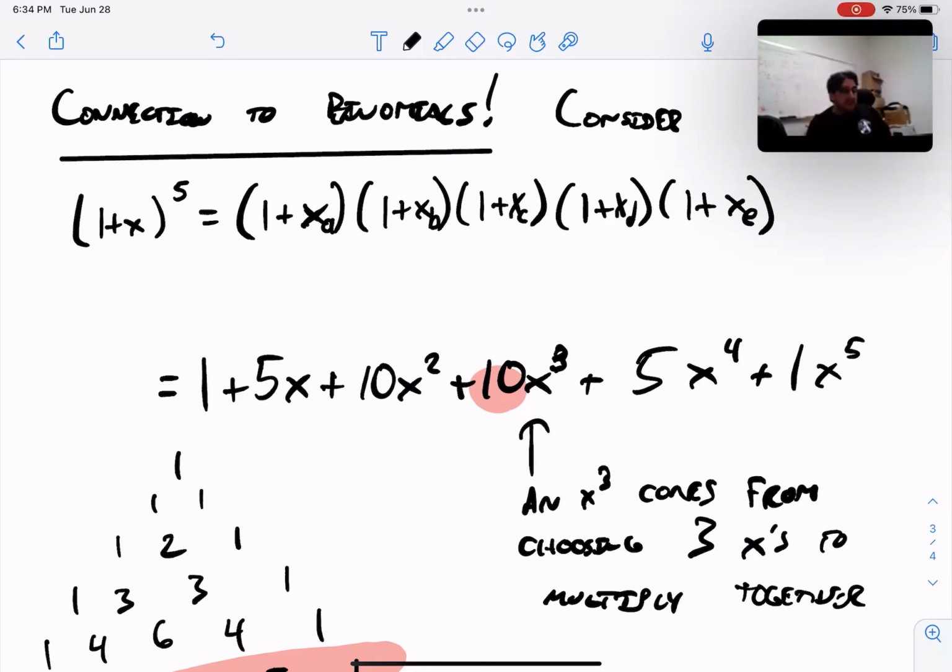Well, then how can you get x cubed? You're going to expand this, meaning you're going to multiply this out in every way possible. You're going to mix and match a choice of multiplying a 1 or multiplying an x from each factor when you expand this.